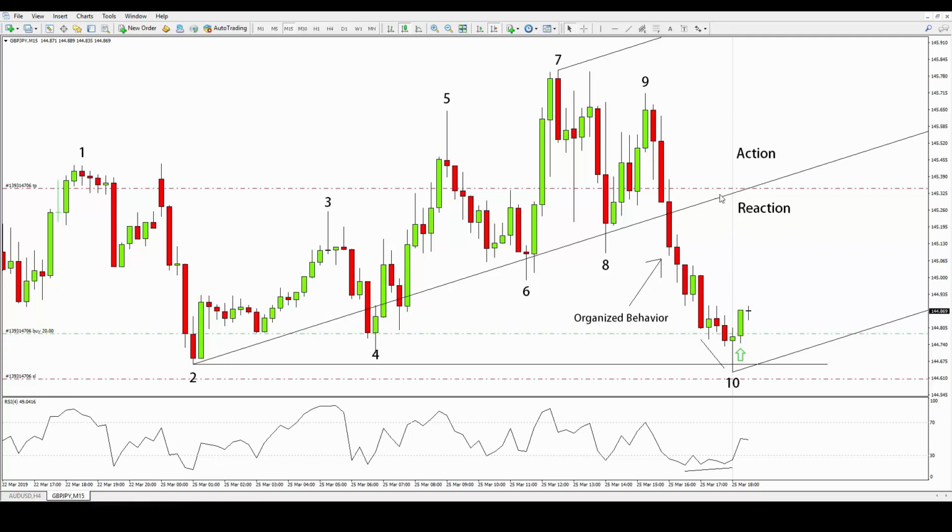In this case, the action of the pitchfork is between the center line and the upper line coming out of number 7. Notice how the pitchfork cuts through low number 6 and low number 8 in a nice way. This sort of symmetry is one of the many details that go along with pitchforks, and the action between the center line and the upper line of the fork is what can predict the reaction on the opposite end of the fork, which is potential low number 10.